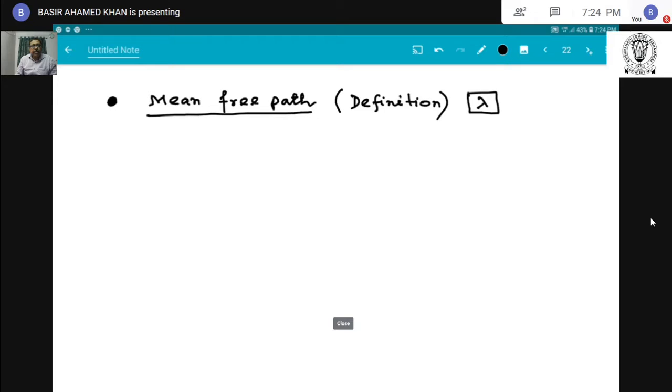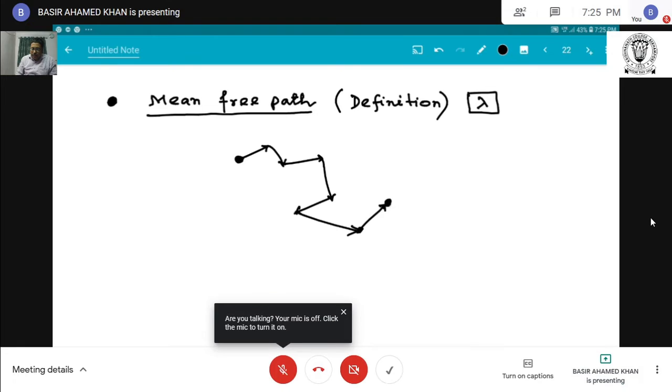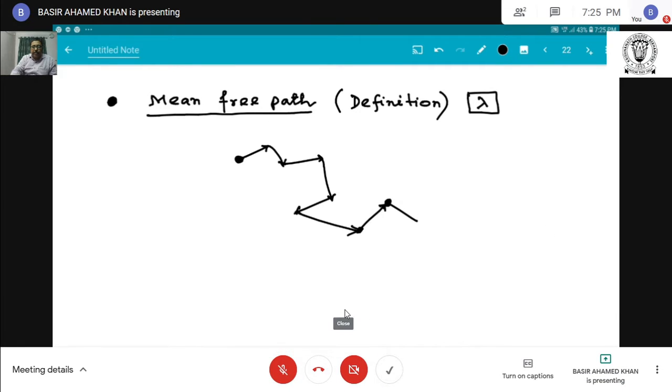So I repeat the definition of mean free path. How can I explain the mean free path? Suppose a gas molecule moves at random in any direction, collides with another molecule and moves in another direction, and again collides with another molecule and moves in this direction.